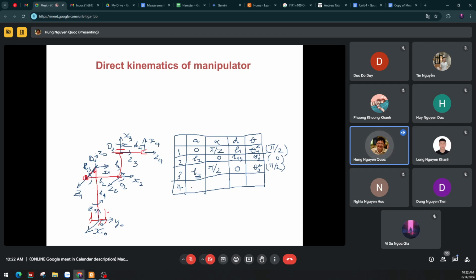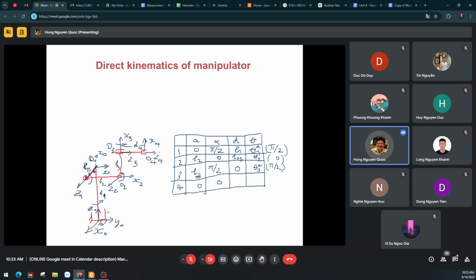Okay. The last one, A4 is the distance between Z3 and Z4, and they are coincident, so it should be 0. And alpha is the angle between them. They are 0. D is the distance between O3 and O4 on the axis Z3.